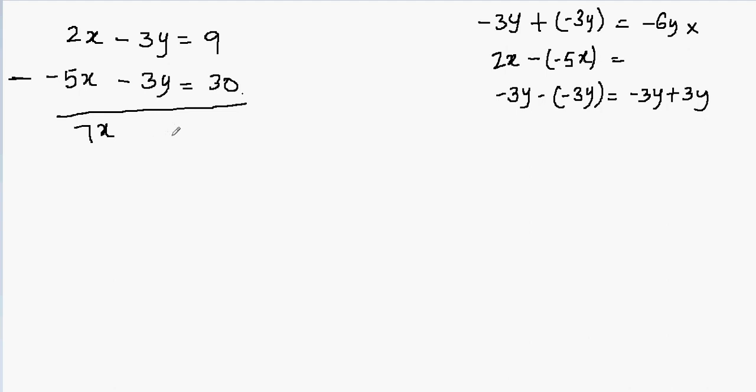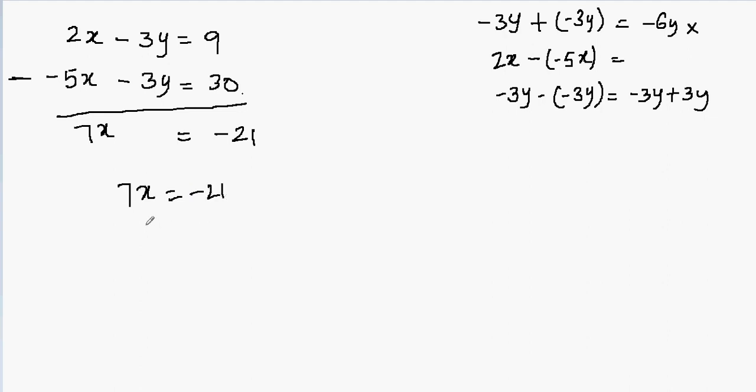You'll get 0, and I'm not writing 0 here. Now 9 minus 30. Make sure that you distribute the negative sign inside the equation. So 9 minus 30 will give you -21 because you're subtracting a greater number from a smaller number, so you'll get the negative result. Here you have 7x is equal to -21.